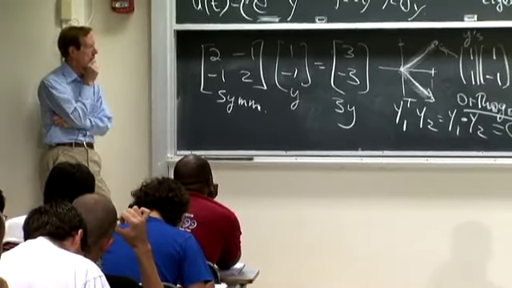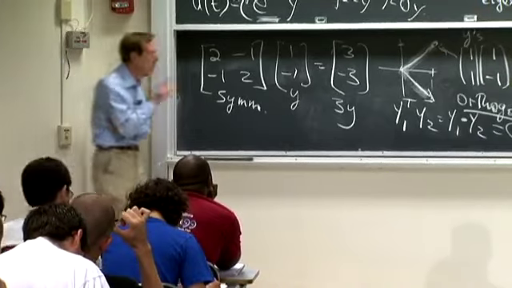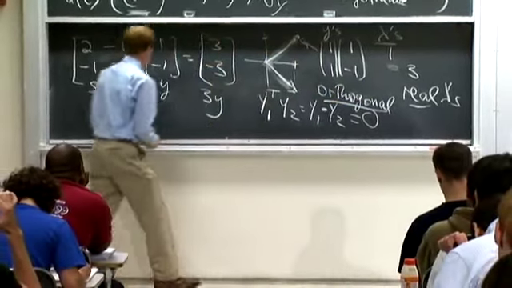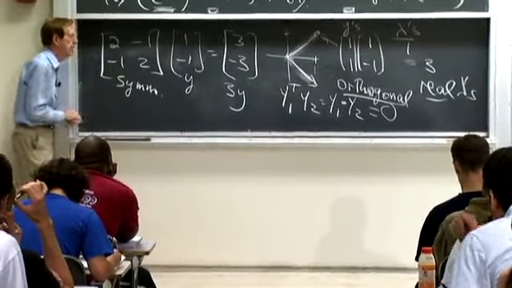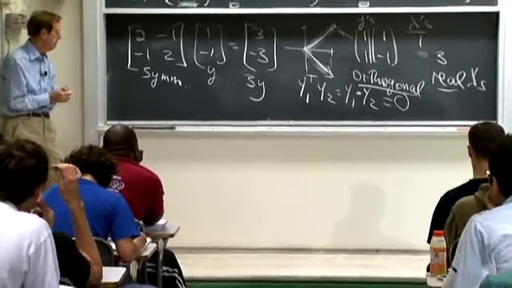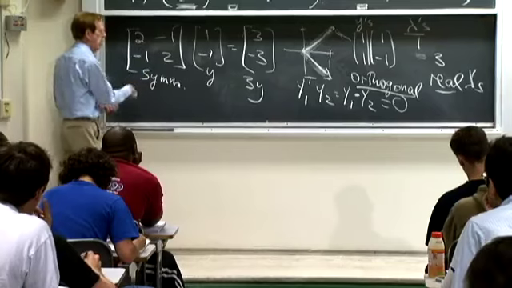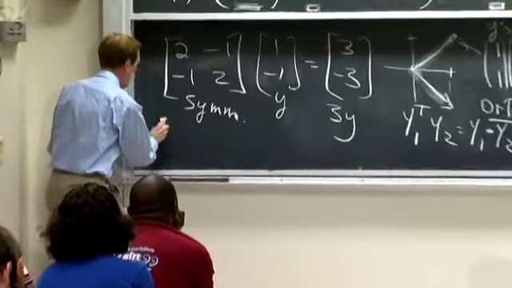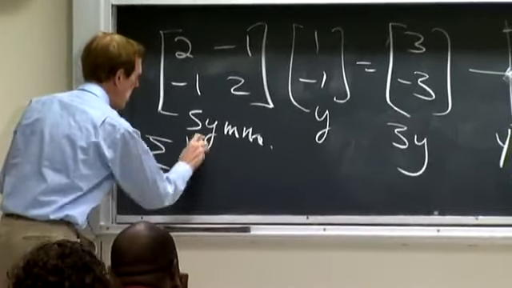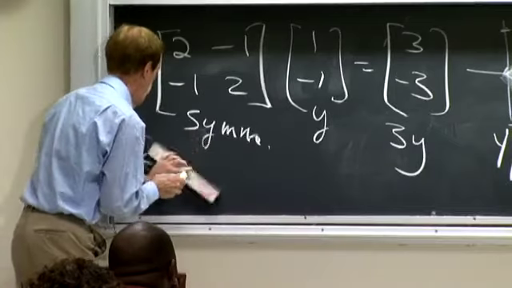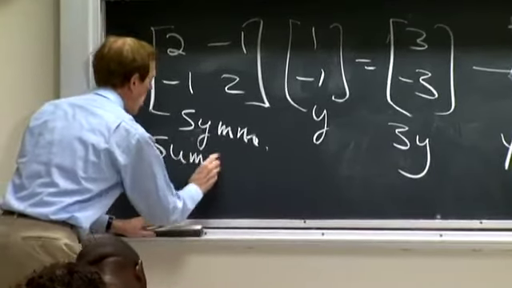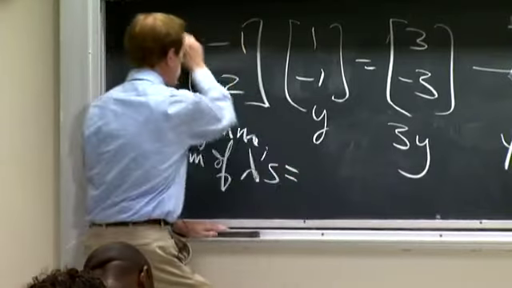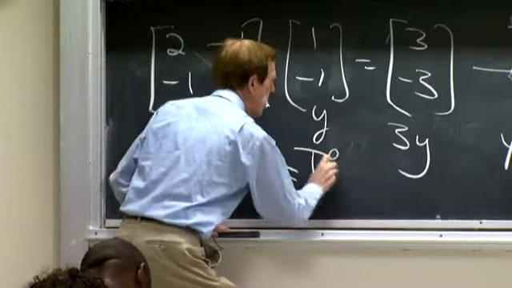And another useful fact, if I multiply the eigenvalues, what do I get? 3. And now, where do you see a 3 over here? The determinant. 4 minus 1, 3. So can I just write those two facts with no idea of proof? This is for any matrix: the sum of the lambdas is equal to what's called the trace of the matrix.